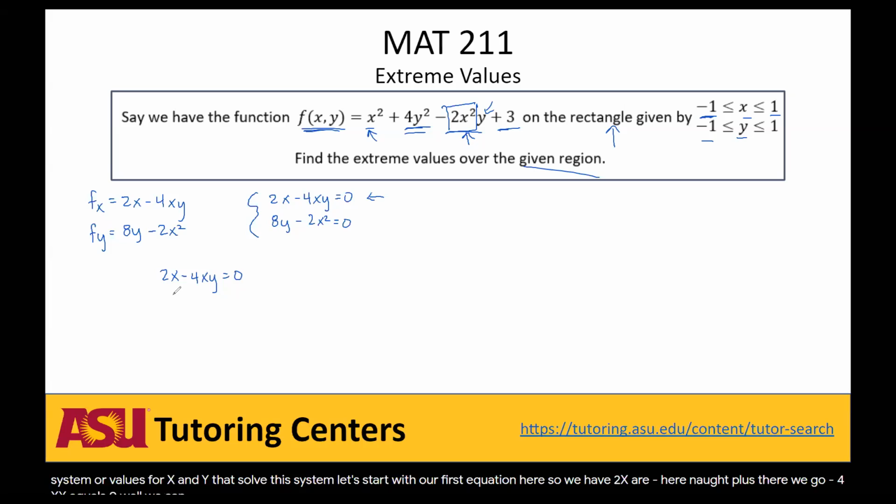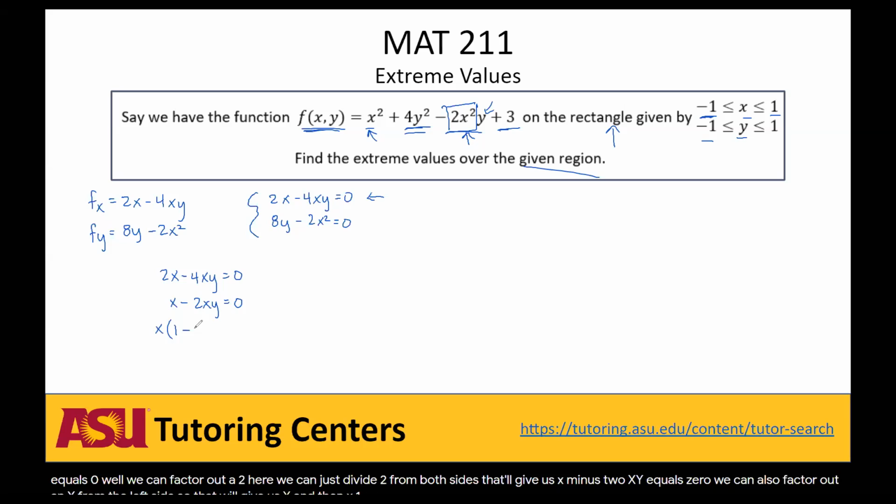Well, we can factor out a 2 here. We can just divide 2 from both sides. That'll give us x minus 2xy equals 0. We can also factor out an x from the left side. So that'll give us x times 1 minus 2y equals 0. So what this means is that either x equals 0 or 1 minus 2y equals 0.